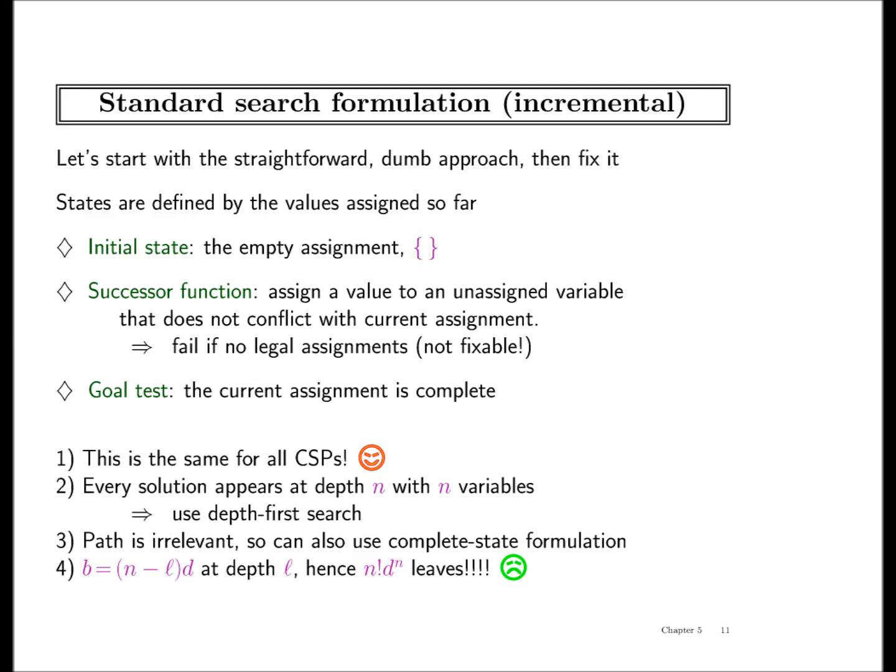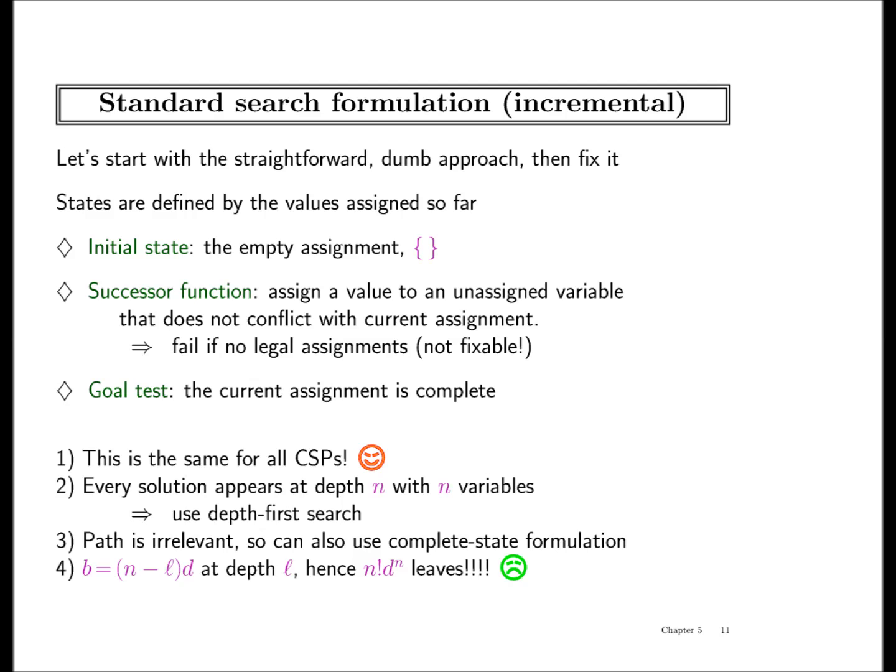So let's start. Initial state, no assignment. Successor function, pick a variable, assign a value that does not conflict with the current assignment. And if no legal assignments exist, then no solution exists, go back up. This is the same for all CSPs.